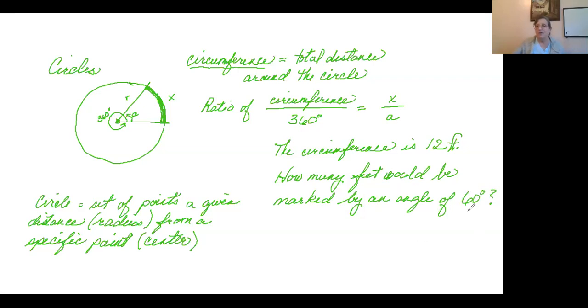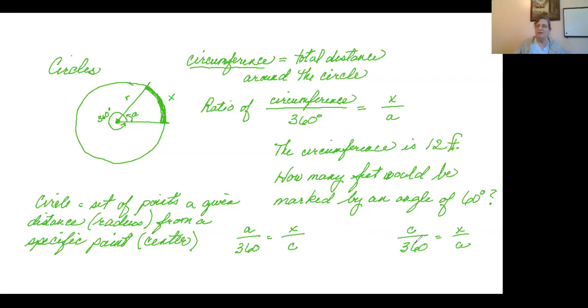Now, in a case where the number of degrees creates a really nice fraction with 360, you also might want to set it up as either A is to 360 as X is to, I'm going to call the circumference C. Or we could set it up as I did here, that the ratio of C to 360 is going to be the same as the ratio of A to the number of degrees in the angle.